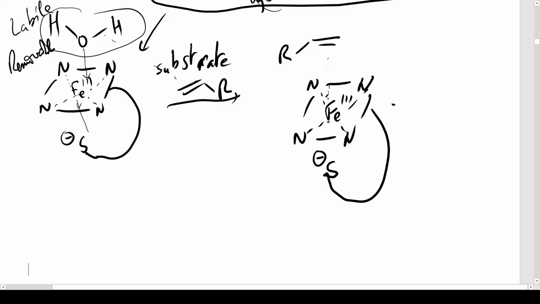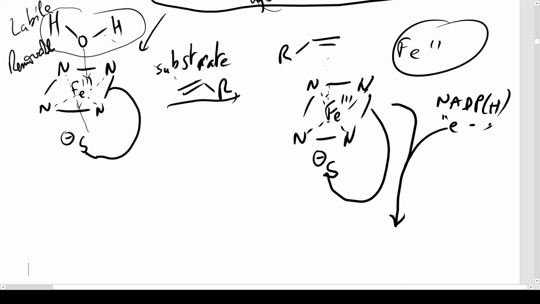Then a source of electron. You give a source of electron to reduce, because the active species is iron 2. Then you get iron 2.